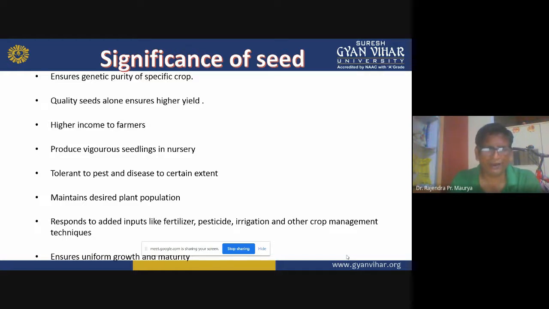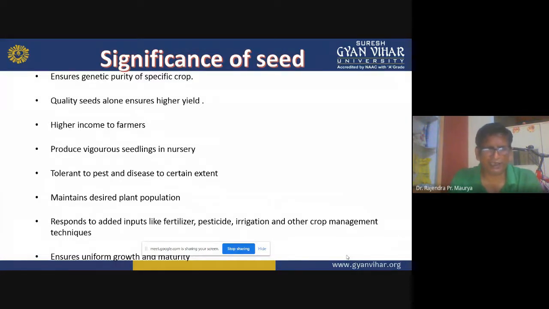Respond to added inputs like fertilizers, pesticides, irrigation, and other crop management techniques. With quality seeds, if you are adding the inputs, pesticides, and also water management, so irrigations, and the other crop management techniques, then we can get very good yield and quality produce.